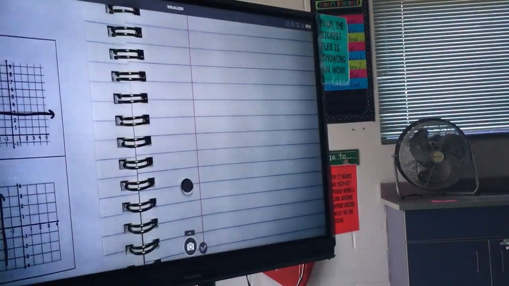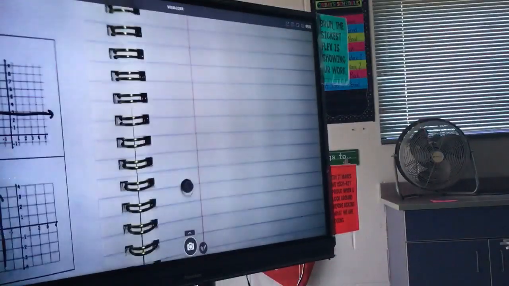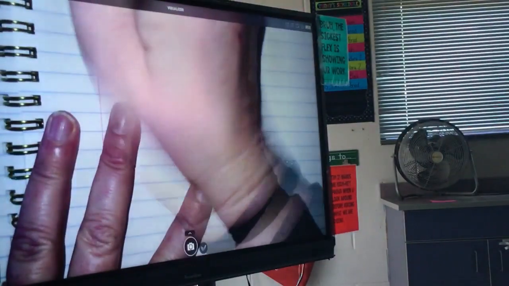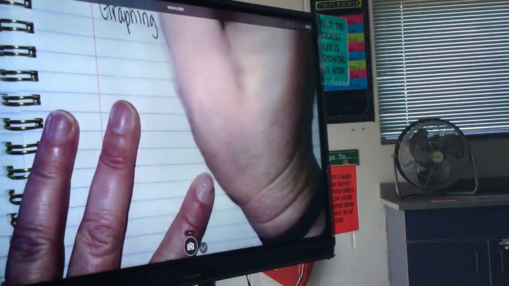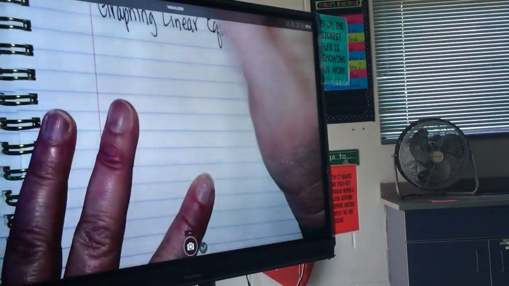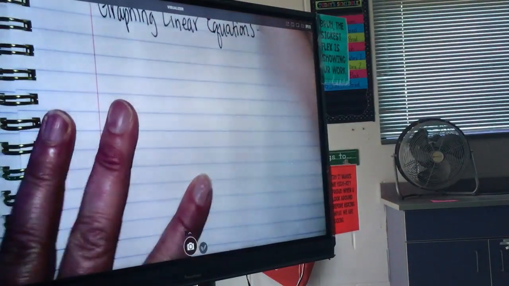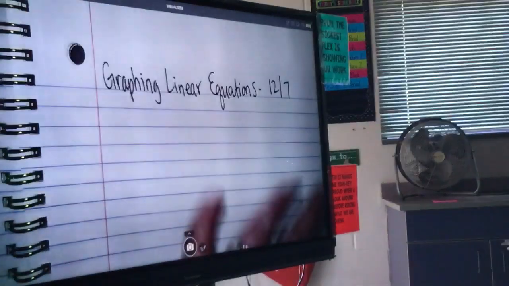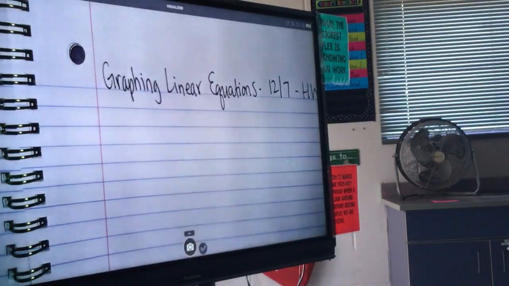It's front and back. Please make sure that you do have the right side titled Graphing Linear Equations Homework, and then today's date.